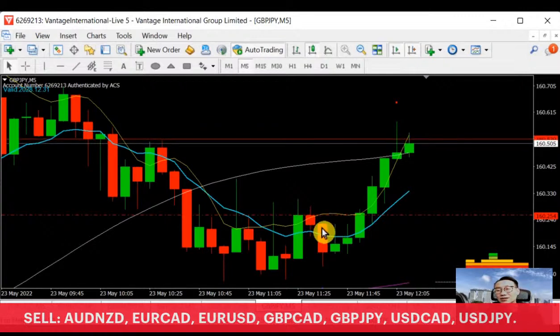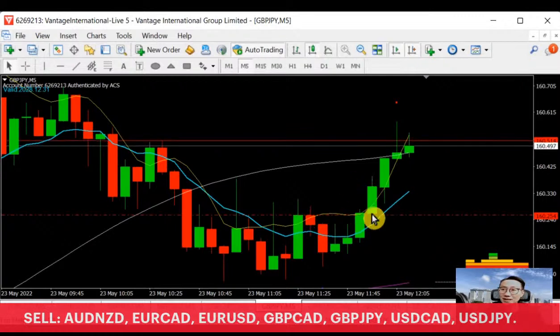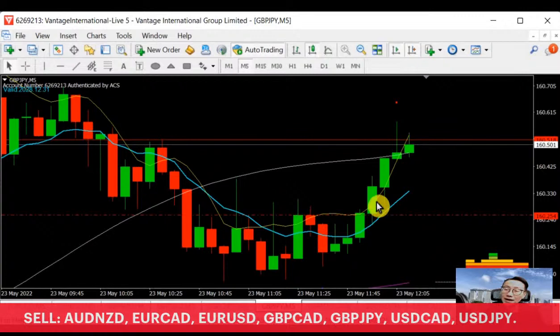When it breaks out through the resistance and retests to form a buying, that means the resistance doesn't hold anymore. I will start to cut my trade.